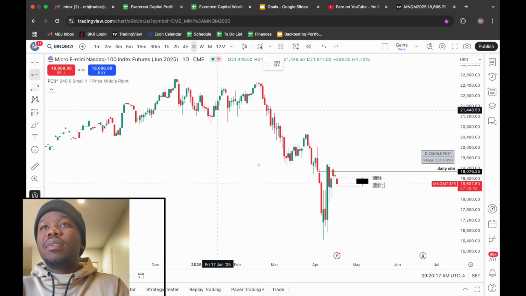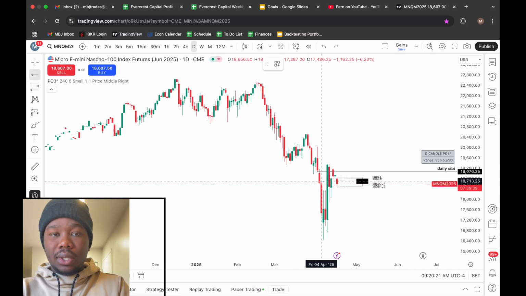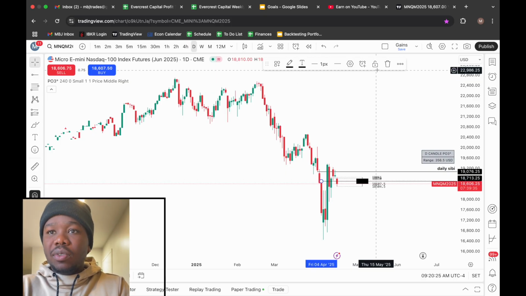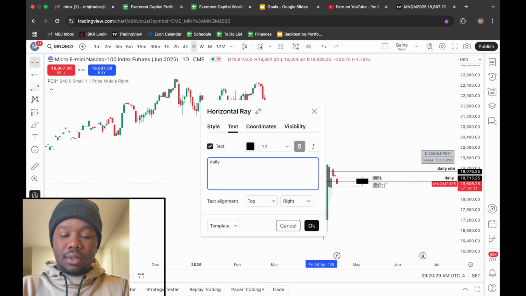And this would be the bottom of the city. Oh, okay, I forgot something from the top. And this would be our daily city high.